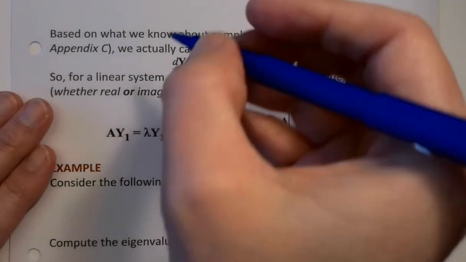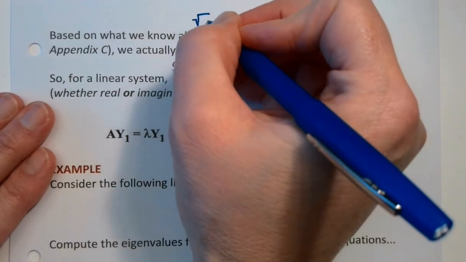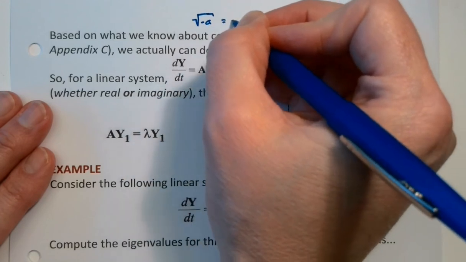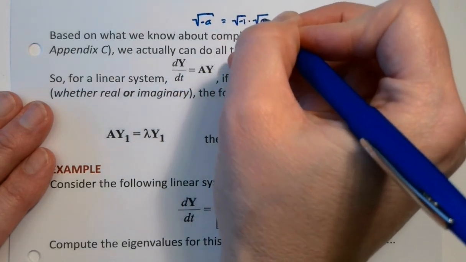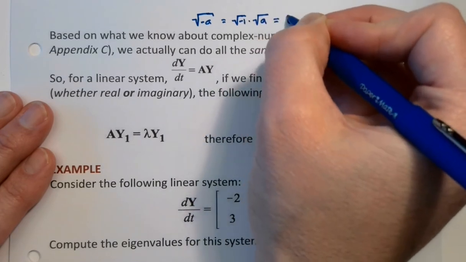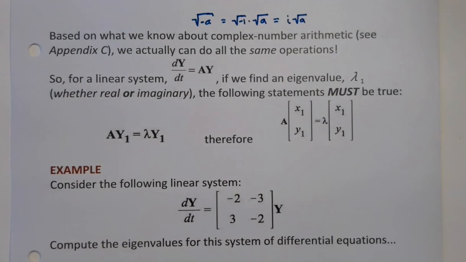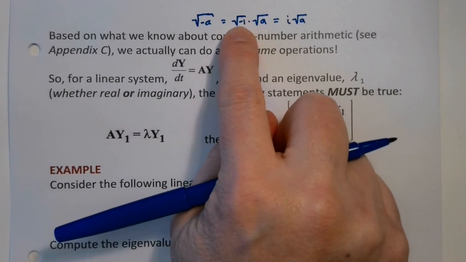One of them you already know, I'm sure, is that if you have the square root of a negative number, you can write that as the square root of -1 times the square root of the number, which is really just i times the square root of the number, right? And so when you're thinking about square roots of negatives, we factor out the square root of -1 as i right out of the gate.